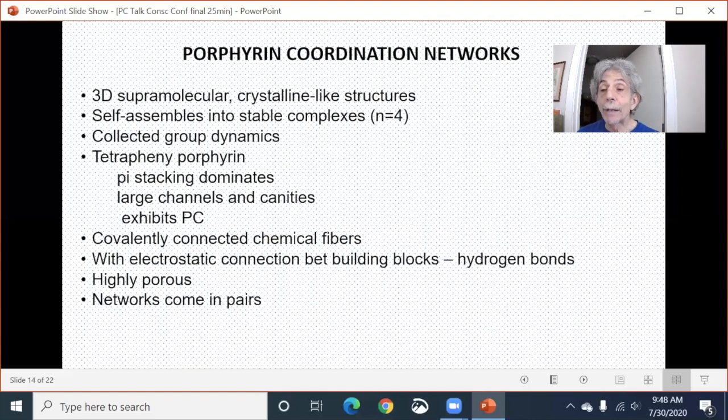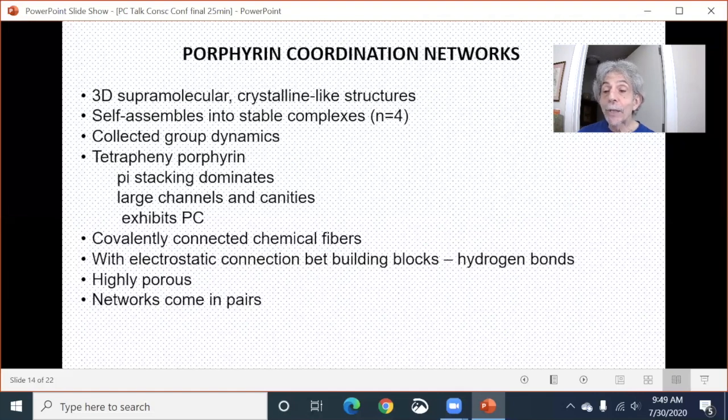Since then, there have been several other publications, and they've been able to conclude that there are 3D supramolecular crystalline-like structures, these porphyrin complexes, which then can develop into porphyrin networks.